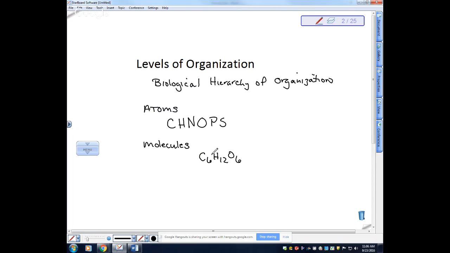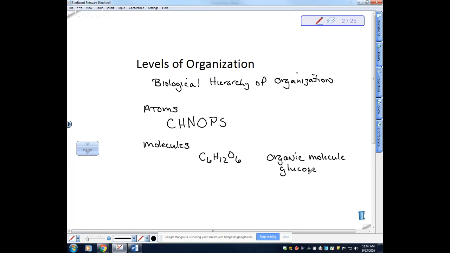What these subscript numbers mean is that there are 6 carbon atoms, 12 hydrogen atoms, and 6 oxygen atoms. Because it has carbon in it, this is an organic molecule. It would be, for example, glucose. So this is the molecular formula for glucose, which is a very simple sugar that we use to produce energy.